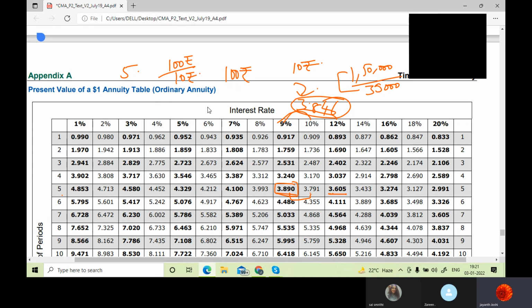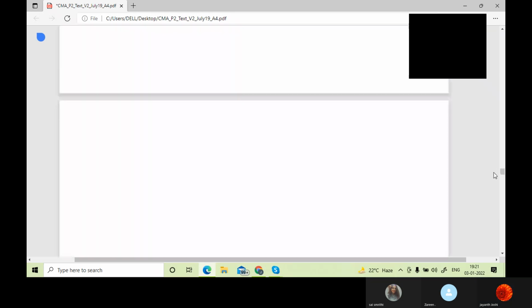Now we have to come to the annuity table and see between which two rates 3.846 lies, that is, one lower rate and one higher rate. So 3.846 lies between these two. That means in 5 years, this is the factor.